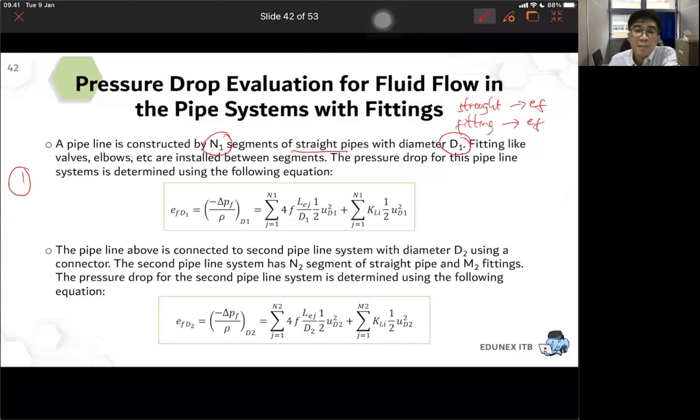In this first segment, the diameter of the pipe is the same, but in between the pipes you put fittings, for example valves, elbows, etc. Then to calculate the total EF, you need to calculate the EF from each pipe and each fitting.